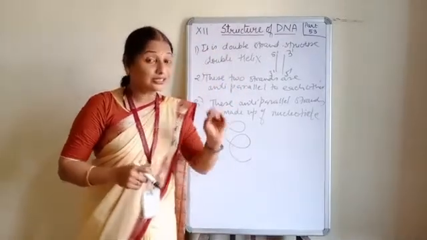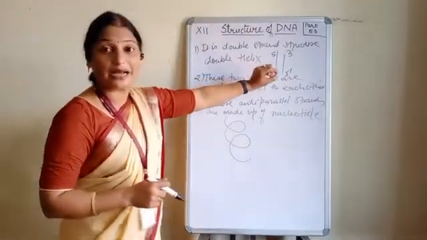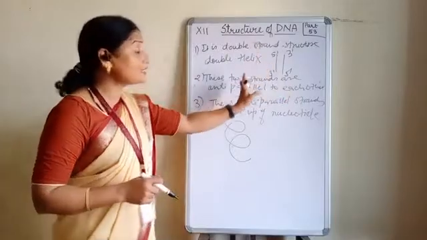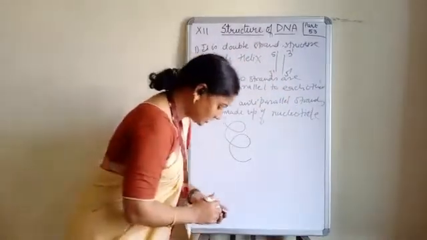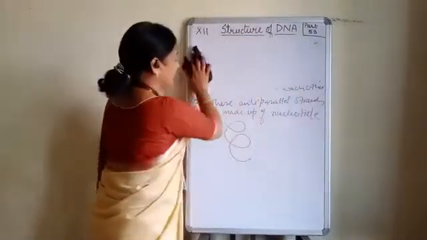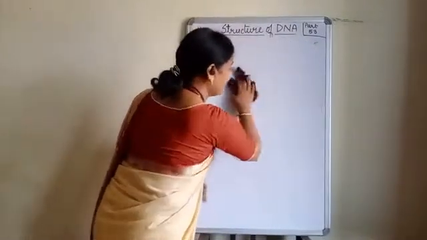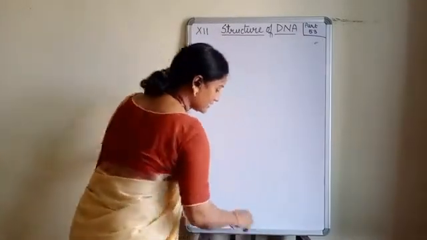Clear? So this is the model of the DNA given by Watson and Crick, called the double helical model. If we try to draw the structure, then see how we will draw. Now, points are clear. Only we have to draw the double helical structure.